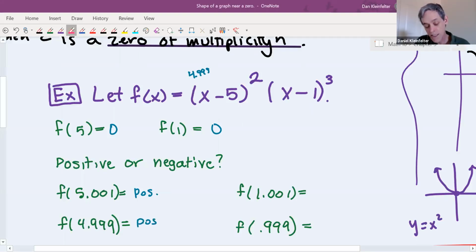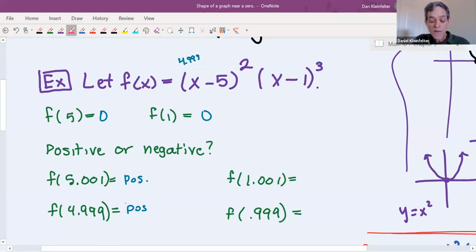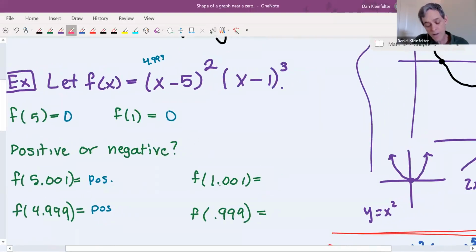So this will still be positive. So you don't have a sign change right at 5. I just chose 5 plus a thousandth and 5 minus a thousandth for this, but basically you can see that there's no sign change on either side of 5, and it's because we're raising a positive or negative number to an even power. When you do the same thing around 1, we'll see a different result.